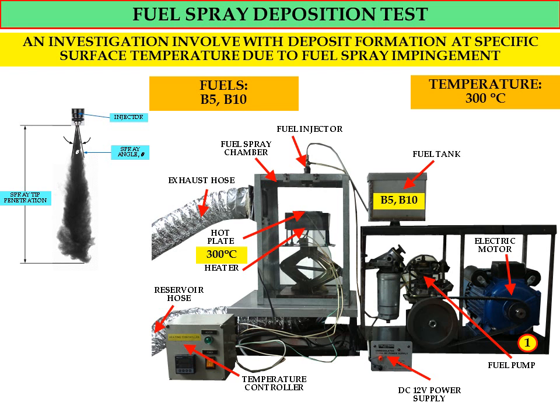In terms of process, first we run the fuel pump by using an electric motor, and then the fuel pump will pump the B5 or B10 from the fuel tank to produce fuel spray, and this fuel spray will impinge on the hot plate, and the vaporized fuel will be sucked by the exhaust fan in the exhaust hose.